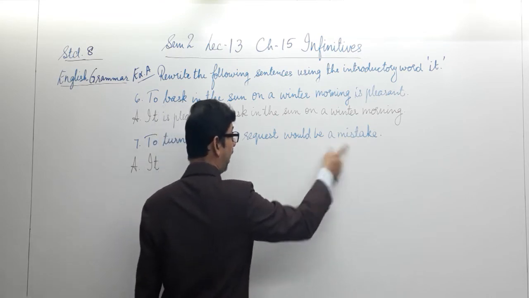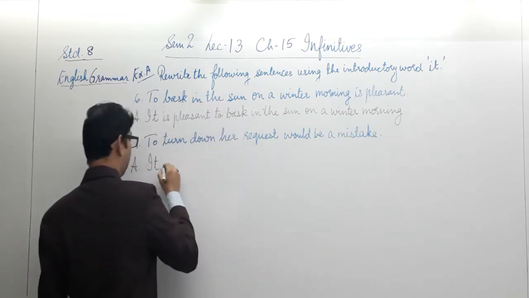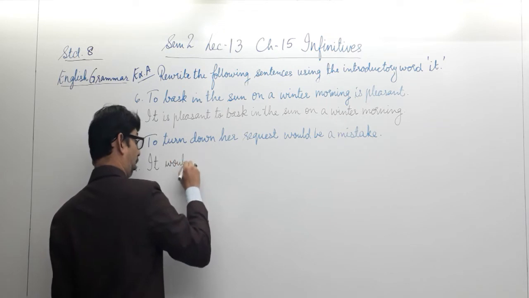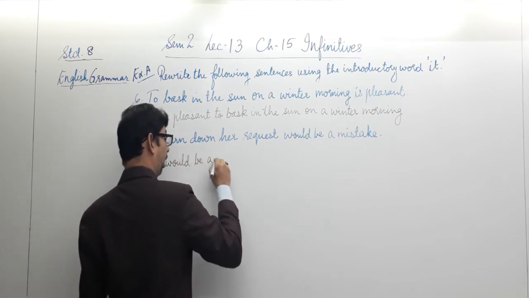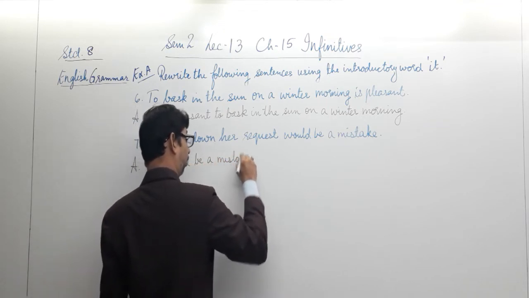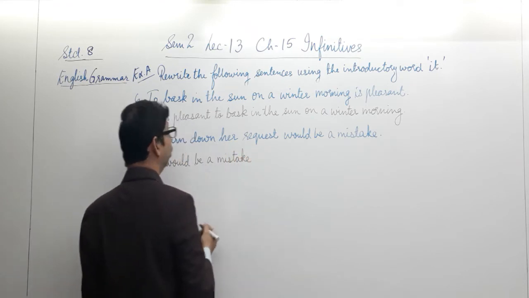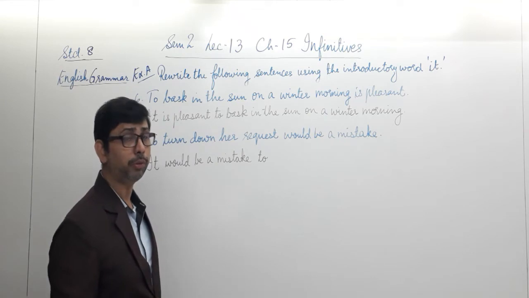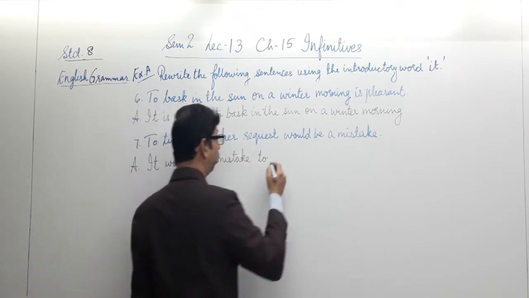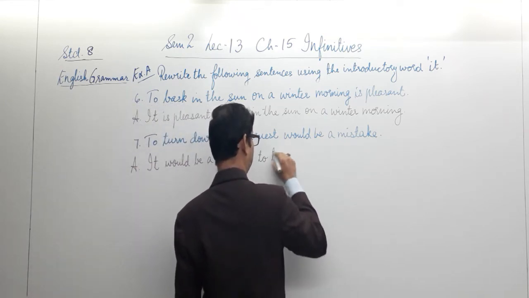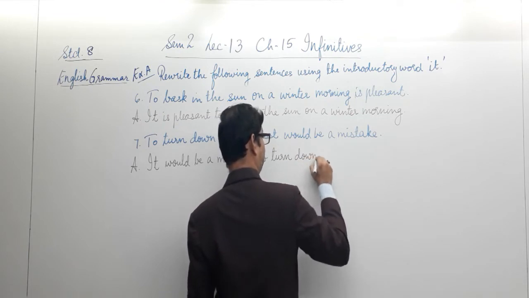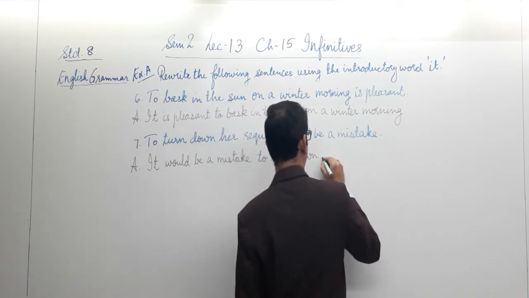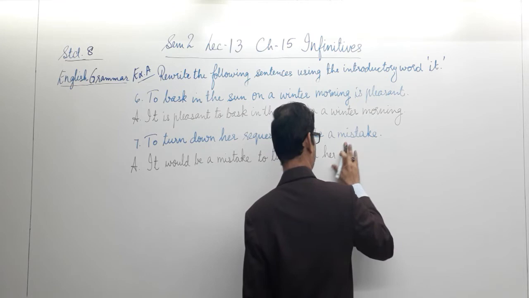It would be a mistake, so we have to start from here. It would be a mistake to turn down. To turn down means to reject, to refuse. It would be a mistake to turn down her request.